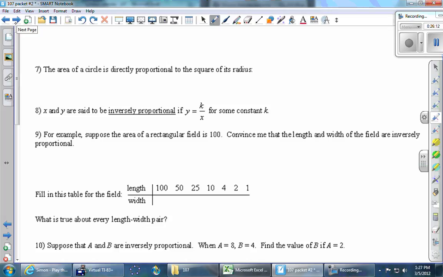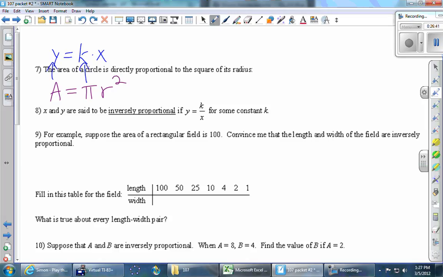Okay, so for number 7, Eliza, can you read 7? Okay, we'll rewrite our area equation. A is pi times r squared. And I know that direct proportion is supposed to look like y equals k times x. What's behaving like y is the A. What's behaving like the k is just the pi.